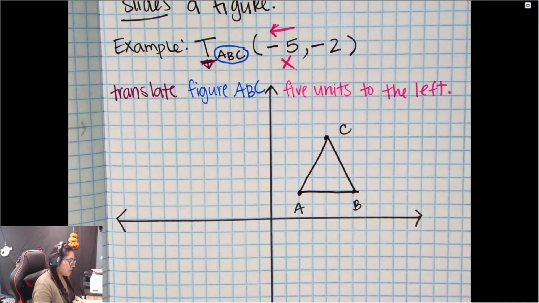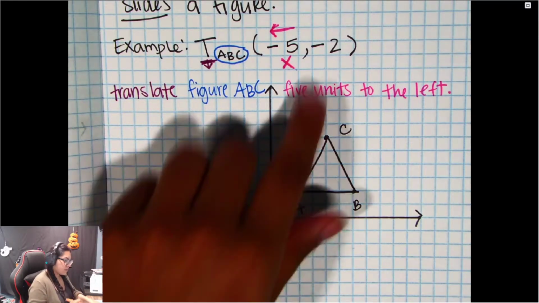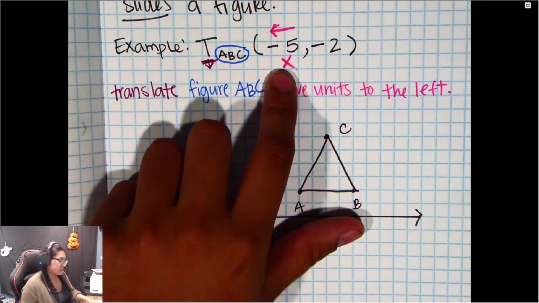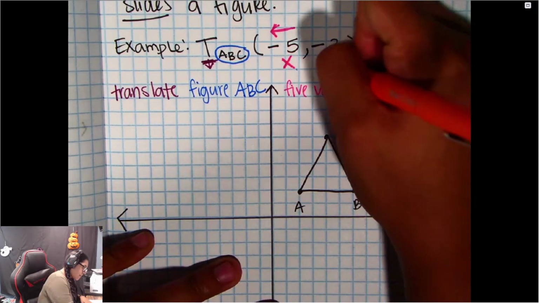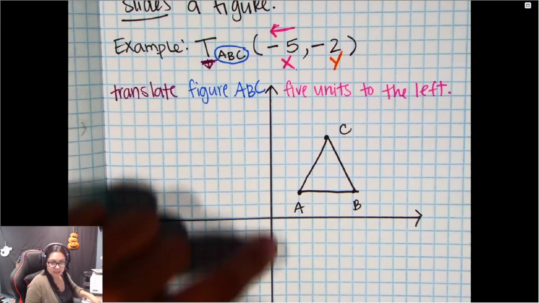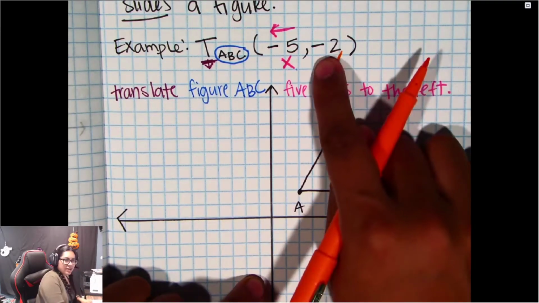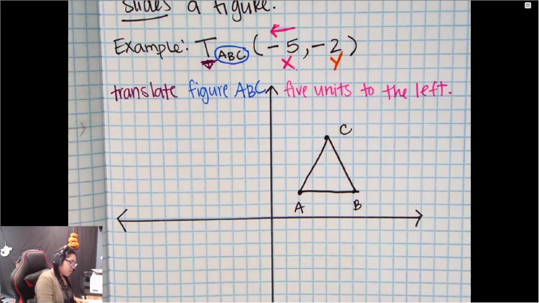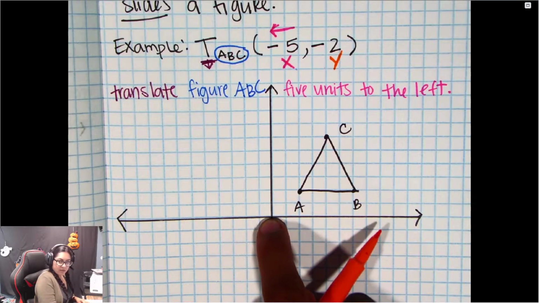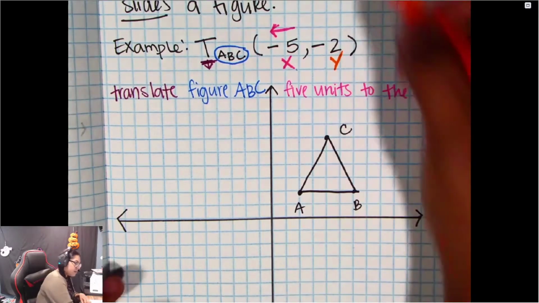But we're not done because we have another number here. This is your x. This makes this your y. And think about your y-axis in the same thinking. This is a -2. On our y-axis, if we're negative, we're going down.